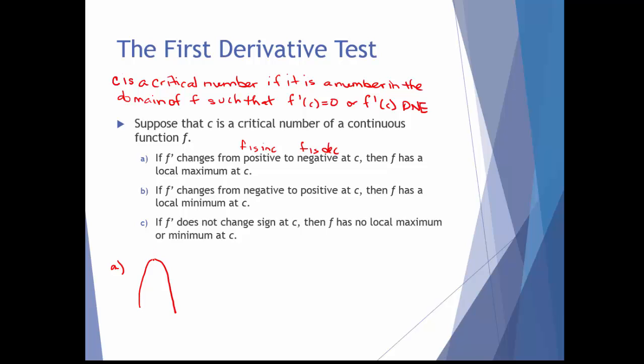So of course, what are you going to pick up right here? You're going to pick up a local max. In B, your derivative goes from negative to positive, which says that your original function goes from decreasing to increasing. So sure enough, you're going to pick up a local minimum. And then if your derivative does not change sign at C, it means you don't have a local max or a local min.